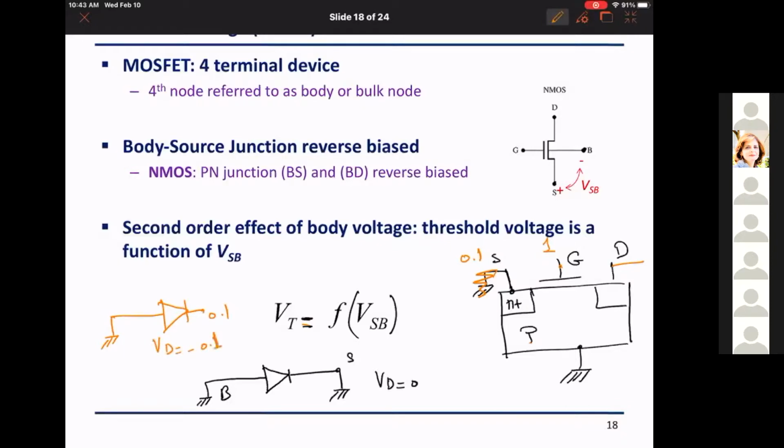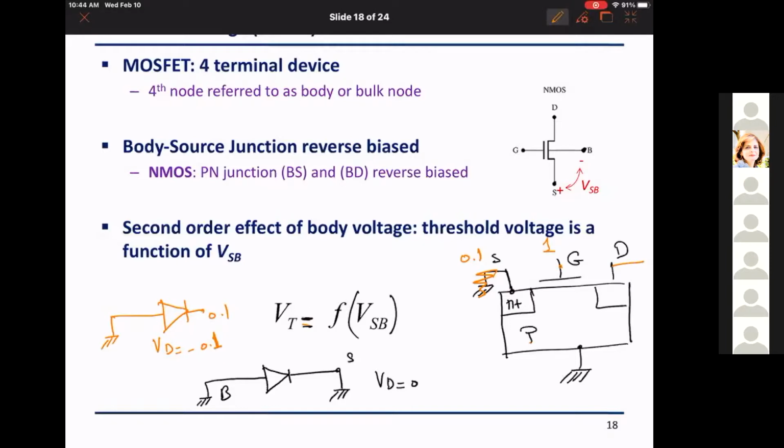So this is going to increase the barrier in the device. If you recall, the depletion region becomes wider as the reverse voltage increases.